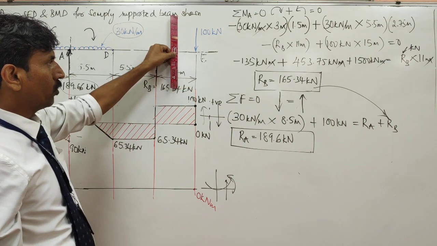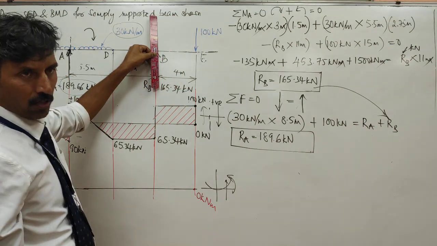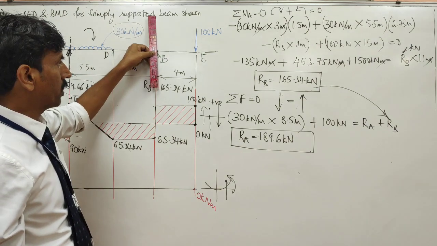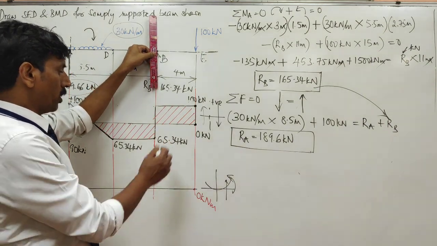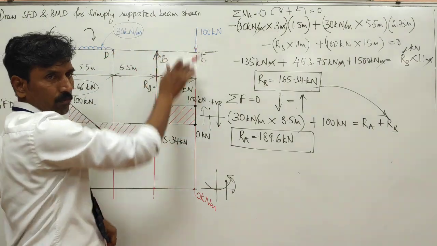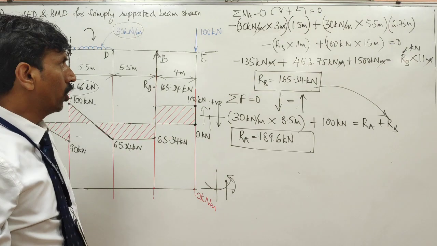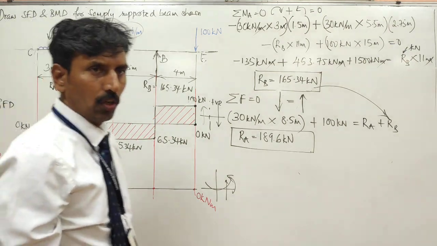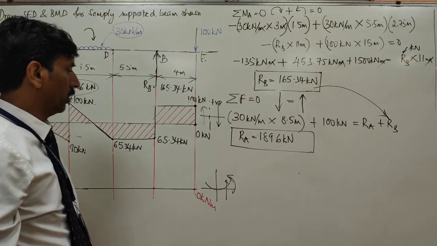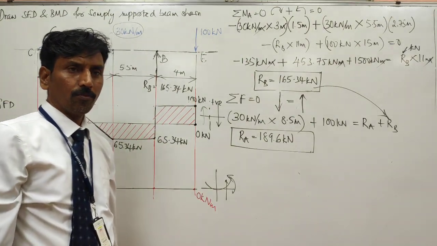But when you start moving like this, with the distance, force into distance increases. So the moment will increase up to this point. About this point B, the moment value will be force into this distance: 100 kilonewton into 4, which equals 400 kilonewton meter. Will this be positive or negative?